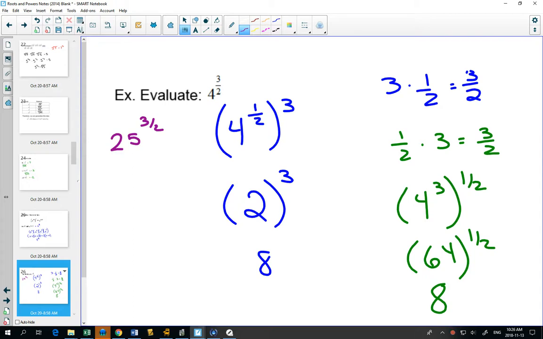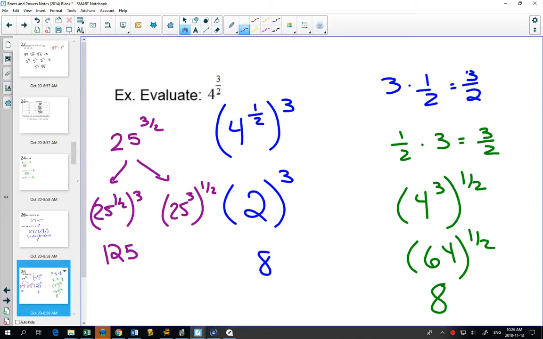If you did 25 to the 3/2, these are your options. You can either do the 1/2 first and then cube, or you can cube first and then do the 1/2. If you do the square root first, what's the square root of 25? 5. And then 5 cubed is a little bit big, but 5 times 5 is 25, times 5 is 125.